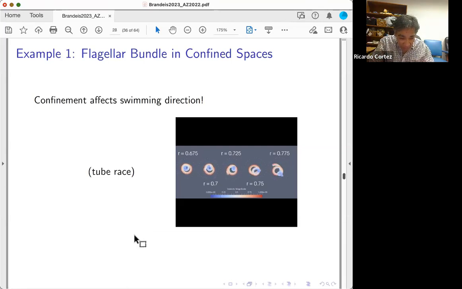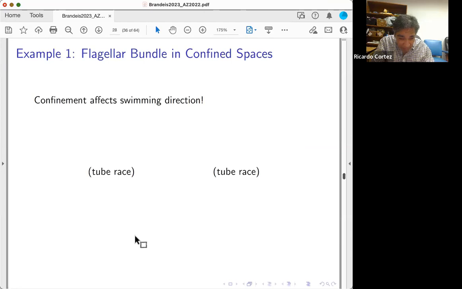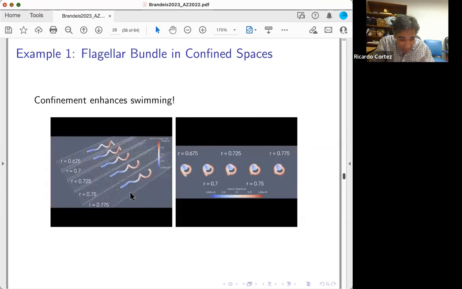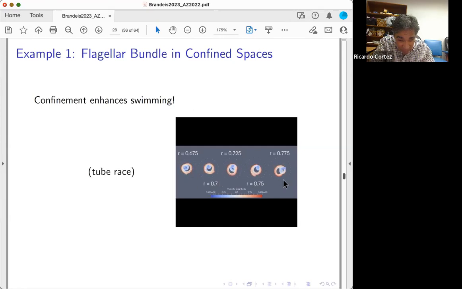On the left side, you just see what they're doing. And on the right side, these are coming straight at you. So we're looking straight down the tube. And I'm wondering if you can notice what's happening with these as they rotate. Do you see the difference between the left and the right, for example?